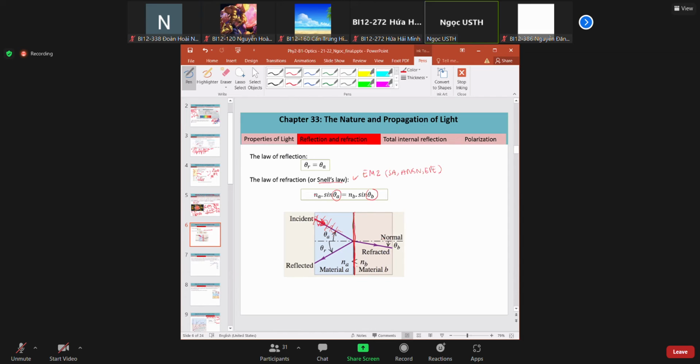The second point is that the index of refraction of this medium is multiplied by the sine of the angle in that medium, and it will be like this. Anything else you need to remember? I think that's all. So now, any question about this part? I think there are no questions, because you just need to remember 2 equations.